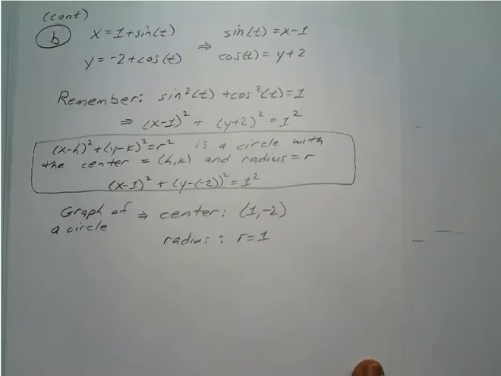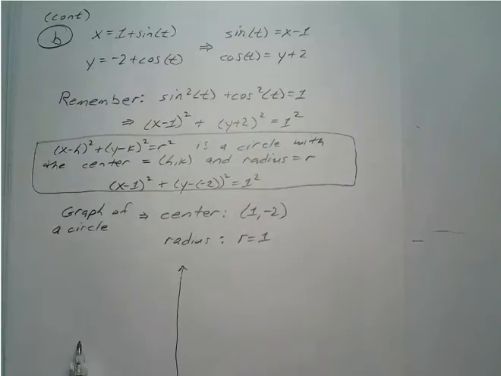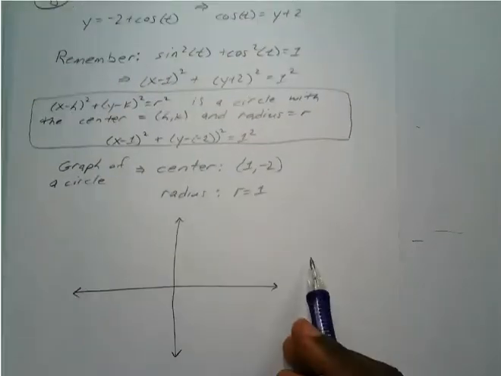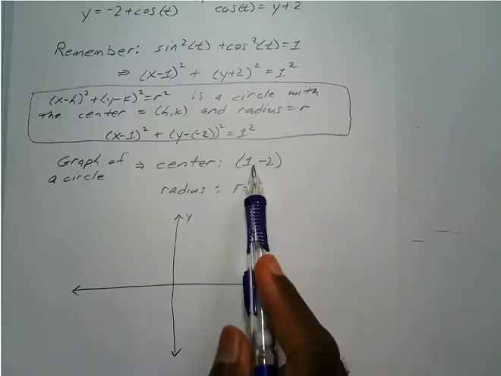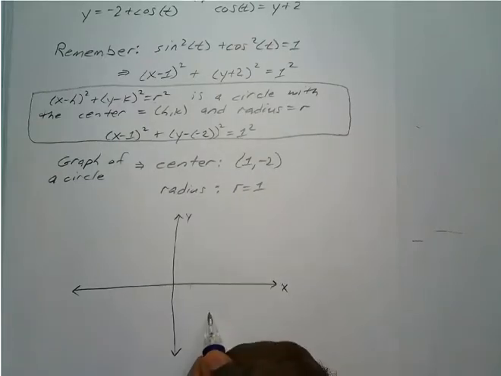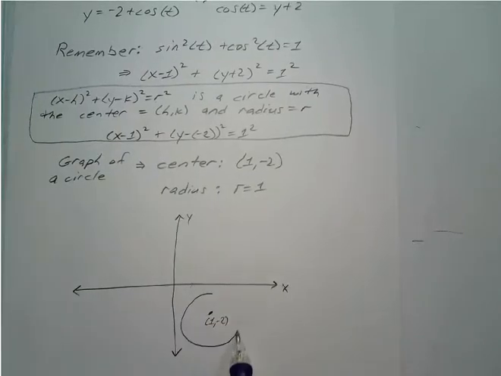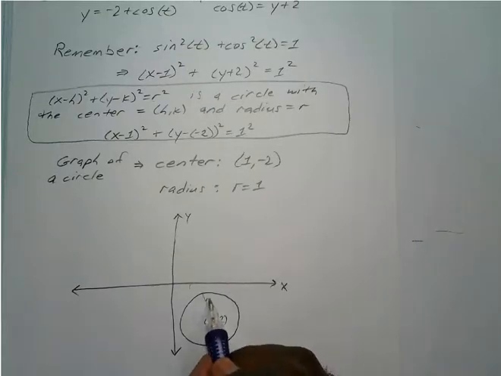Okay, so that means if we sketch this parametric curve, this is our x and this is our y, and our center is at (1, negative 2), so that would be, put that right there. So this is (1, negative 2). Actually, that should have touched that, but you get the idea. So our radius is 1.